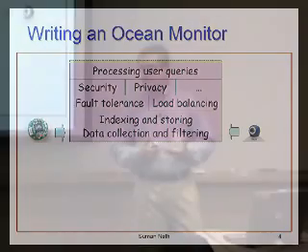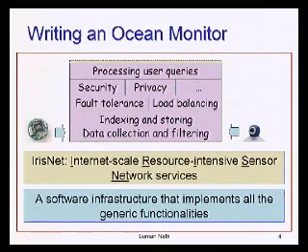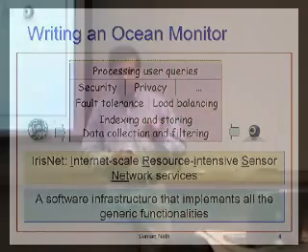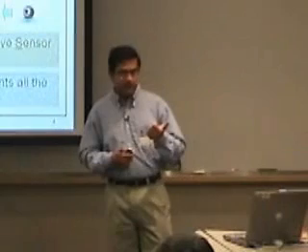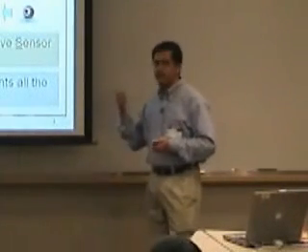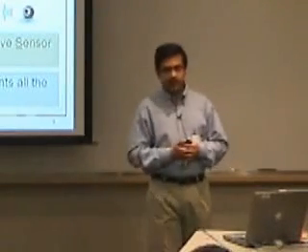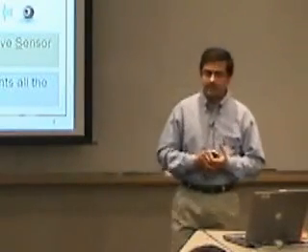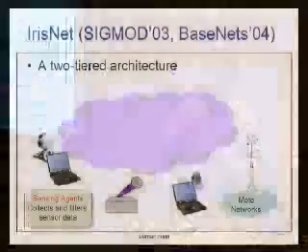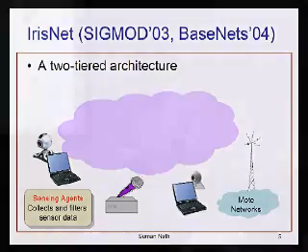The general goal of my research is to simplify those tasks for general people who want to run their own sensing application. Towards that goal, in collaboration with Intel Research Pittsburgh, I have designed and implemented a software infrastructure called IrisNet. IrisNet stands for Internet Scale Resource Intensive Sensor Network Services. This is a software infrastructure that people can use as a tool to build their own application.